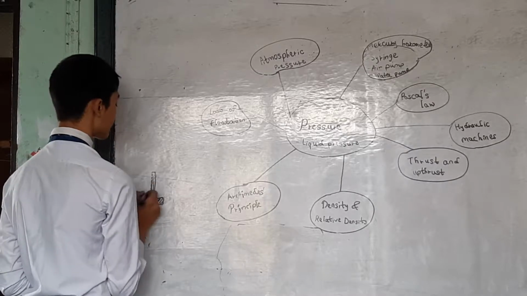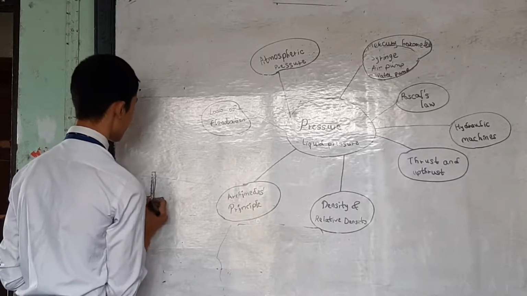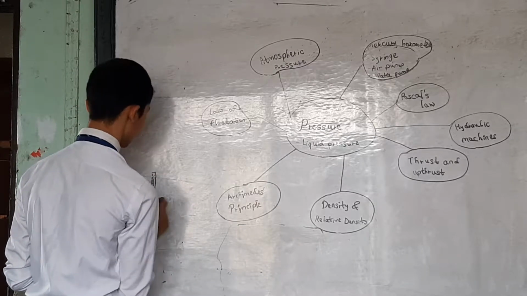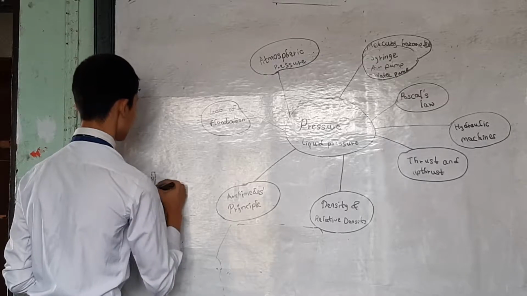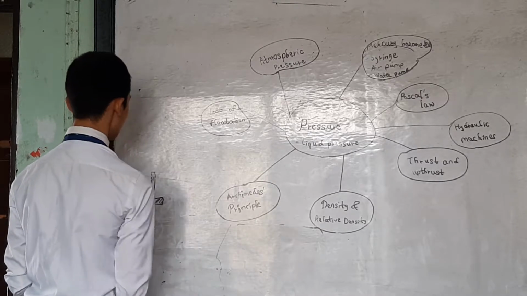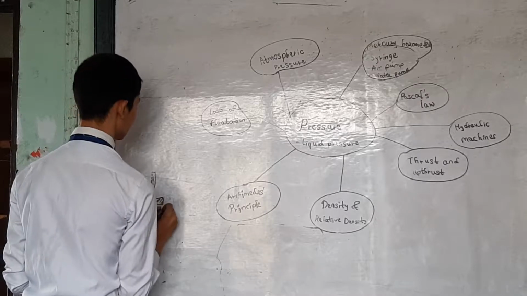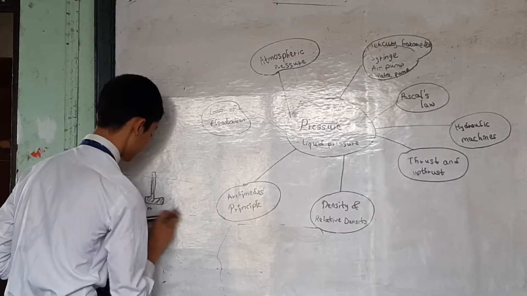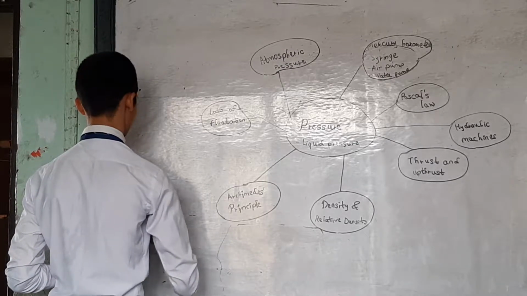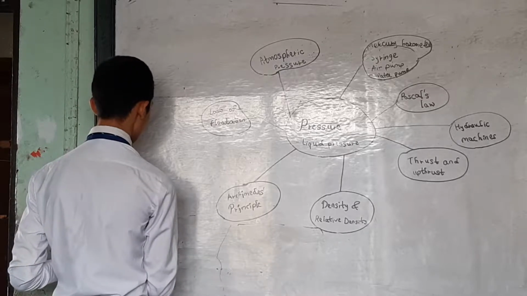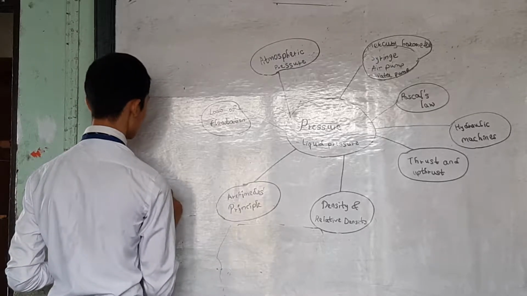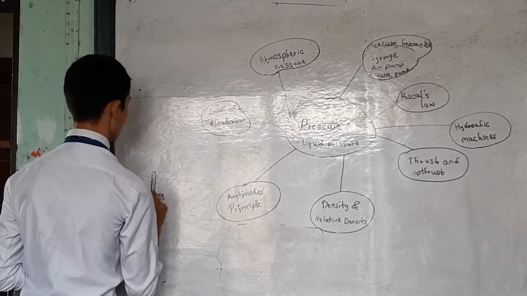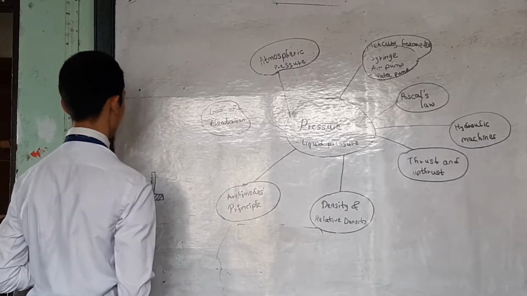Now when the atmospheric pressure is more, then the level of mercury decreases, and when the atmospheric pressure is less, the level of mercury increases. By this we can say that atmospheric pressure is inversely proportional to the level of mercury. And this barometer works on the same principle as a thermometer, that is, it expands on heating and contracts on cooling.